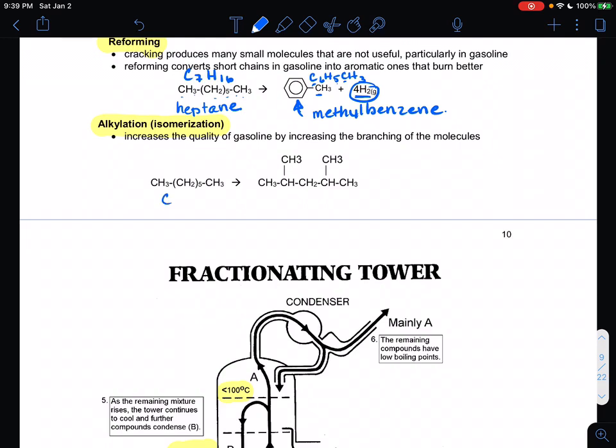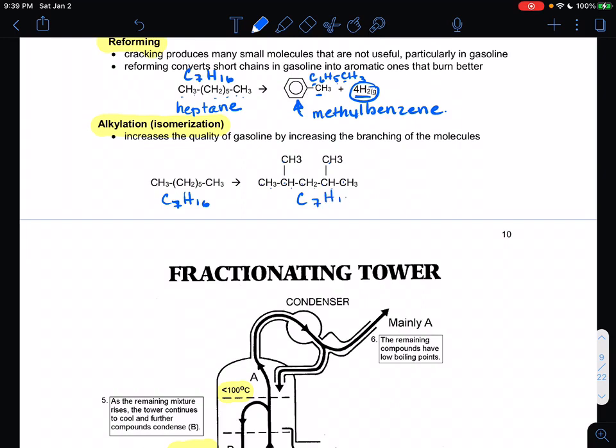So again, same formula, C7H16 here. Okay, and you can see that this is exactly the same. So 1, 2, 3, 4, 5, 6, 7. And if you count the hydrogens, you will see that it's 16 as well. So 6, 7, 8, 9, 10, 11, 12, 13, 14, 15, 16.